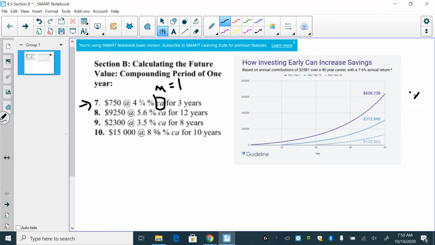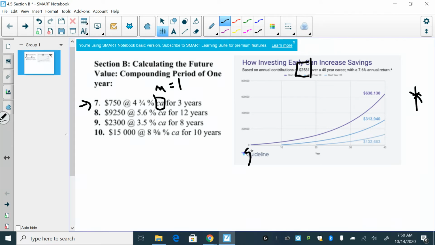Just looking at this graph here, this is really interesting because basically you're contributing $2,581 every year, and we're seeing how much money it grows to over how many years you put that money in.